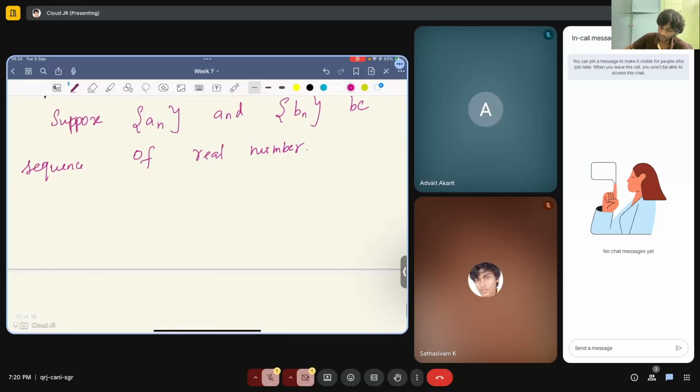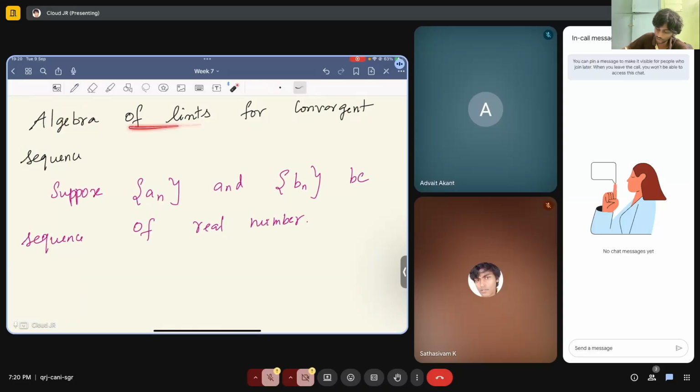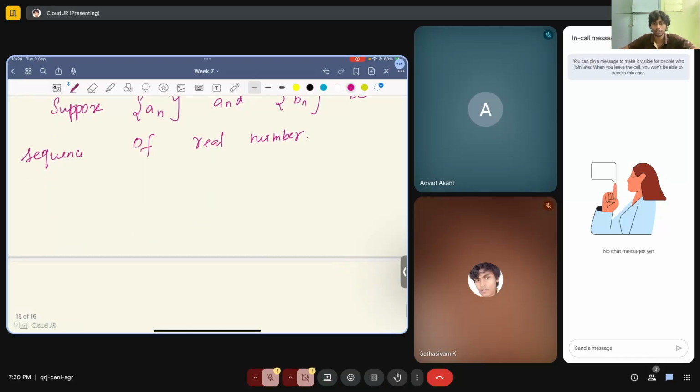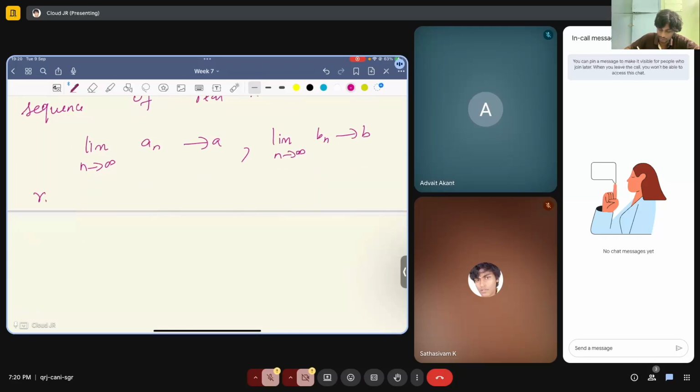Whatever we did, we have some algebra of limits for functions also, right? Limit of functions, it's the same kind of thing, so it holds here. So there is not much difference here. So let's say the limit as n tends to infinity of a_n goes to a, and the limit as n tends to infinity of b_n goes to b, and we have, let's say, r and s some real numbers. Maybe we don't need it for now. Where this a and b are real numbers, of course.